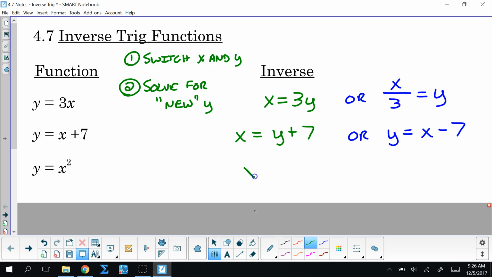Switch the x and the y. How am I going to solve that one for y? Square root, right? So I get y equals plus or minus the square root of x. Because I'm solving, I got to put the plus or minus in there.